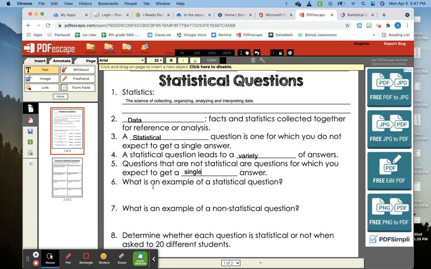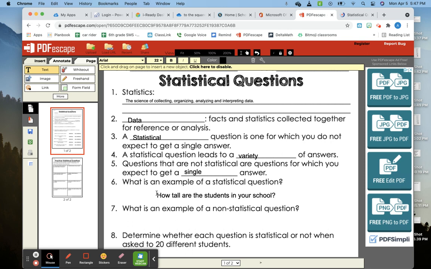An example of a statistical question would be, how tall are the students in your school? The reason is that if you ask this question, you expect to get a variety of answers. You're going to get a different answer for each student, so more than one answer.